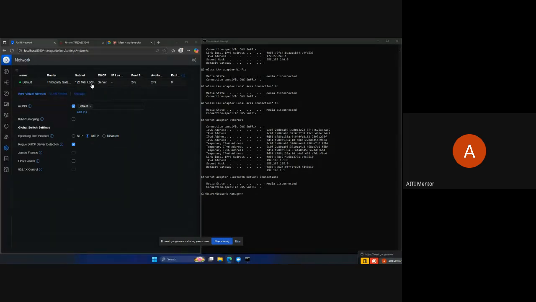So in this case that it has /24, you can see that our submask address is 255.255.255.0 because 24 is 8 plus 8 plus 8, which gives us this submask configuration.